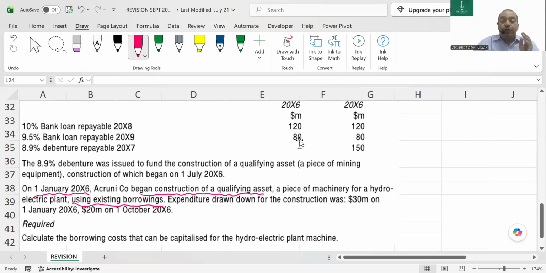So it's a combination of 120 and 80, irrespective of whether you are using 30 million on 1st January and 20 million on 1st October. They have said using existing borrowings as on 1st January 2026. So existing borrowings are 120 and 80, that is $200 million. So we are concerned with this part, $200 million.